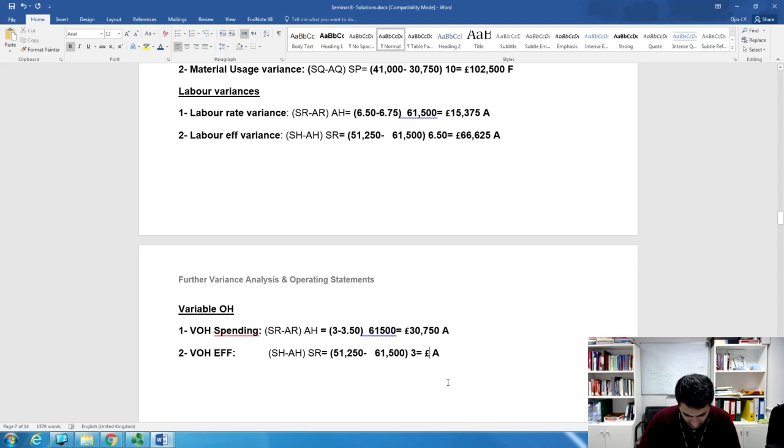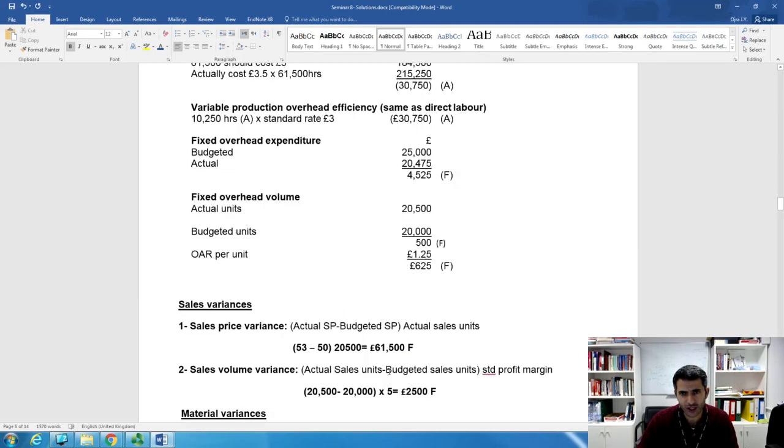Let me do it again: 51,250 minus 61,500 times 3. The standard rate is 3. That's 30,750. Of course, it is adverse. Why? Because the actual hours is more. 30,750 pound. Right. Let me just check.